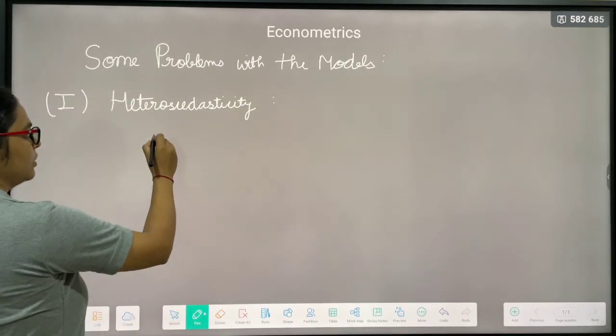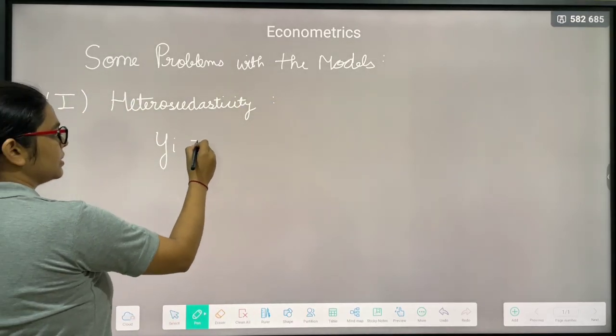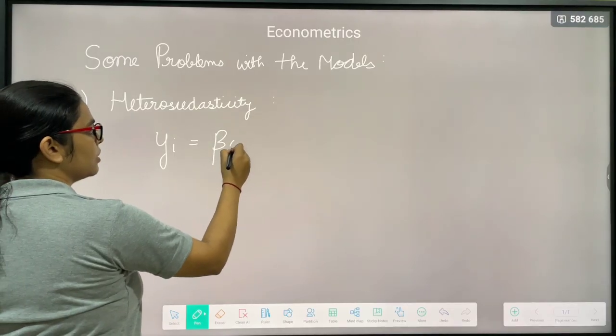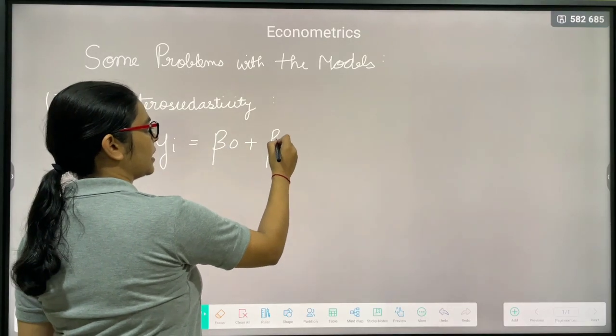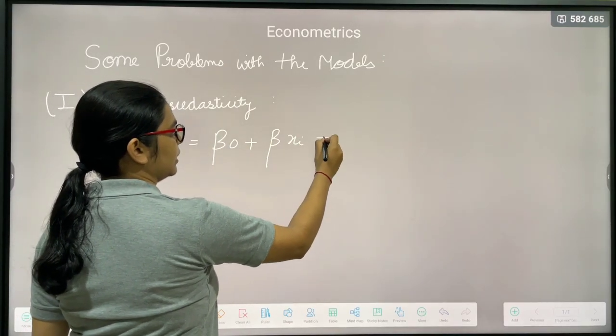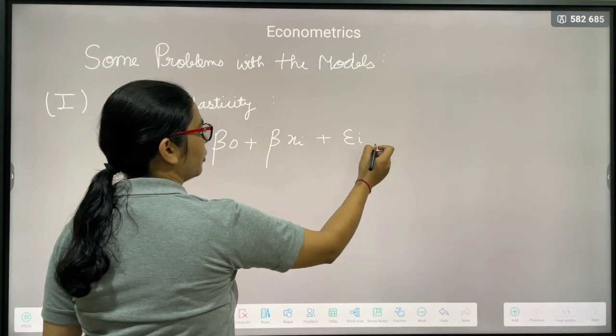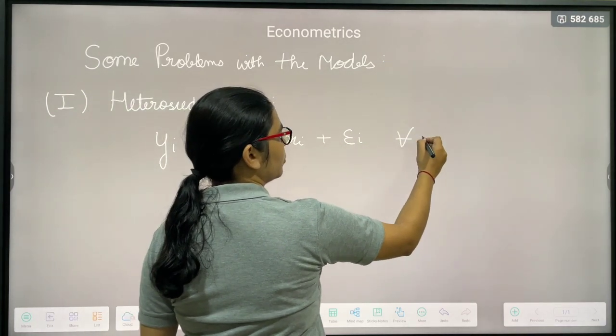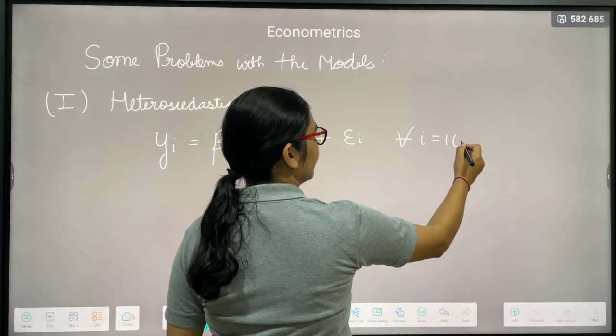Suppose we have our model y_i equals beta naught plus beta 1 x_i plus epsilon_i for all i from 1 to n.